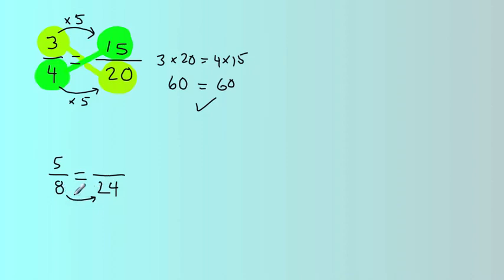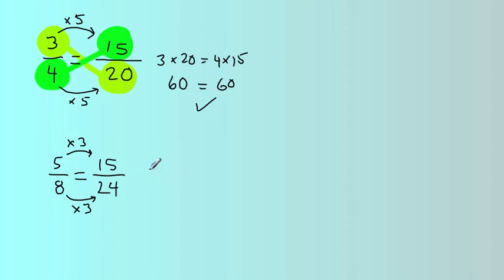You know the two denominators, so let's start with the denominators. 8 times something equals 24. We have to figure out what is that something. 8 times 3 is 24. And so to maintain equivalency, to find out the new number, I'm going to take the numerator and multiply it by 3. So 5 times 3 equals 15.